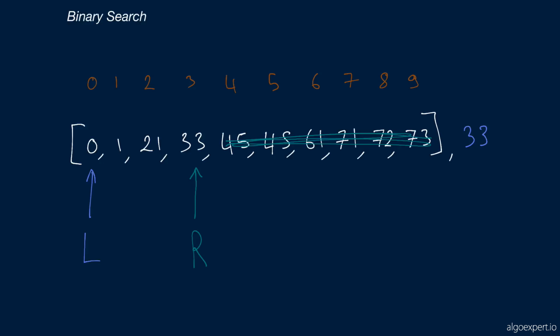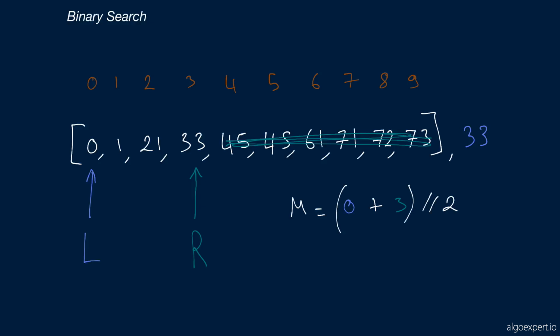And now we recalculate the middle pointer. So M is going to be equal to 0, which is where we have the left pointer, right, plus 3, because our right pointer is now pointing at 3. And then we once again divide by 2, rounded down.